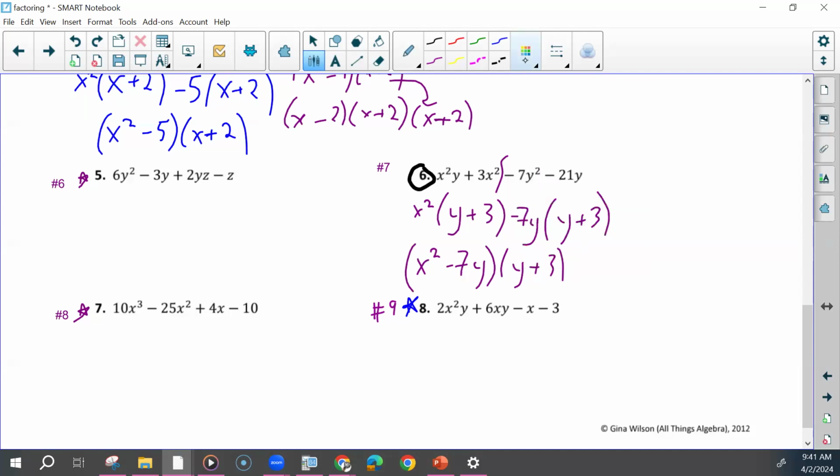So I'm going to rewrite this, wherever you have space: 2x squared y plus 6x squared minus 14y squared minus 42y.